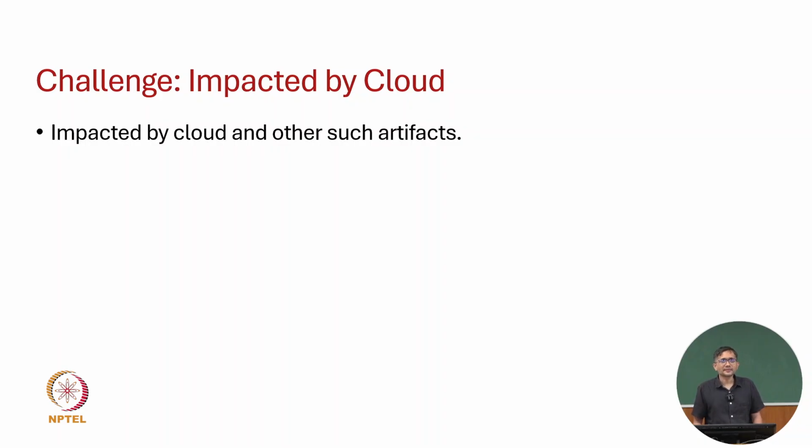It can often happen, let's say in monsoon time, that a usable image was not available for the entire month or so. So the actual temporal availability is dependent on these factors.